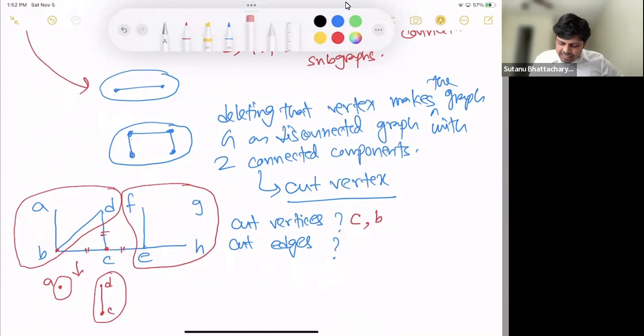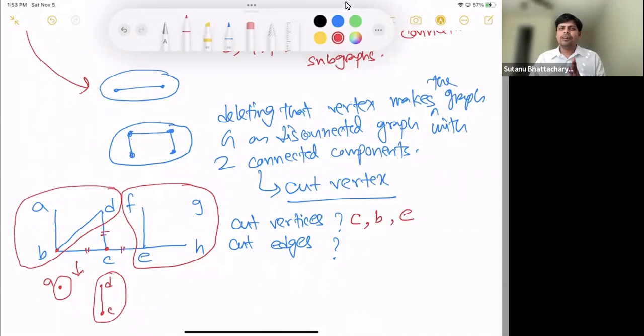Similarly, if you think of E, and you delete E, then the graph will also be disconnected. So not only C and B, E would also be a cut vertex.